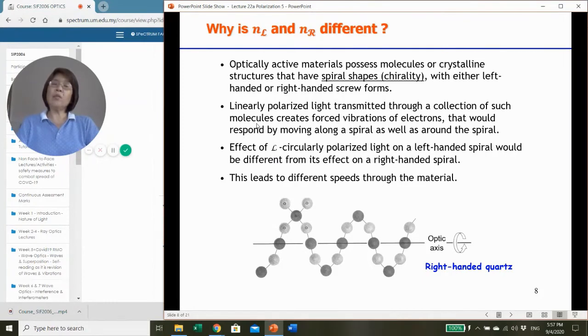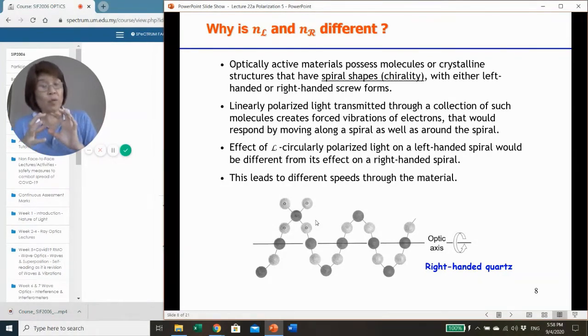Now, why are NL and NR different? Well, this material actually has molecules or crystalline structures that have a shape which looks like a spiral. So it has certain chirality. It can be either left-handed or right-handed screw forms. And linearly polarized light, when it passes through this collection of molecules, will create forced vibration of the electrons.